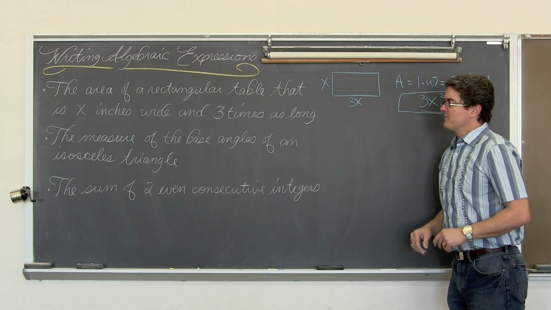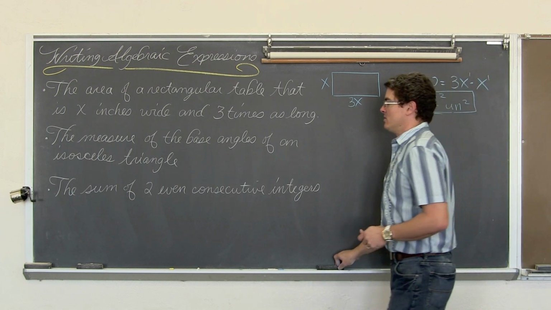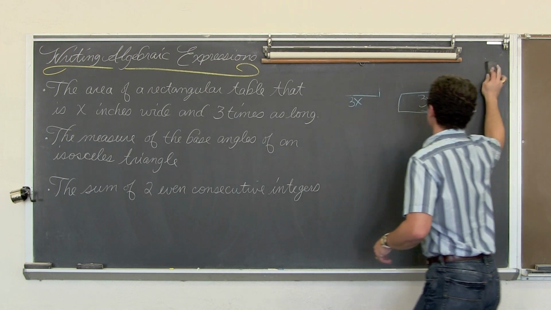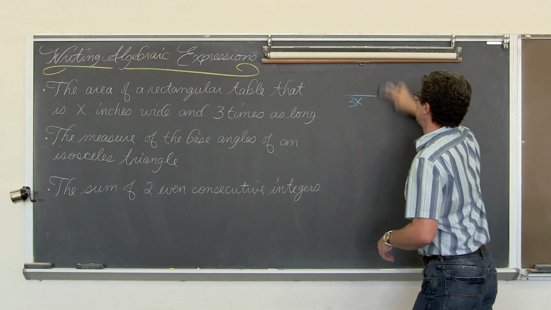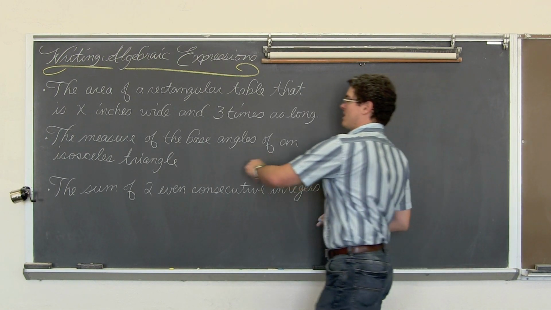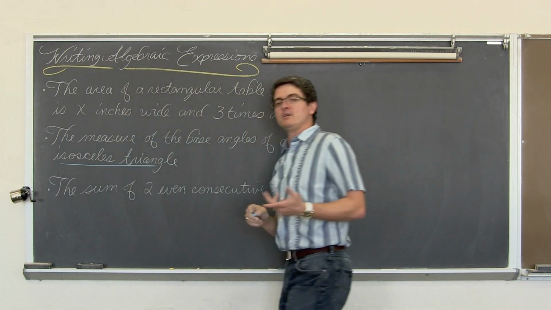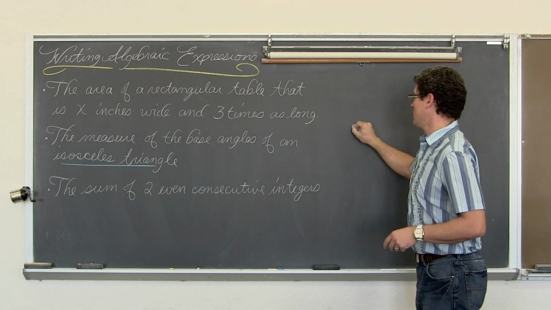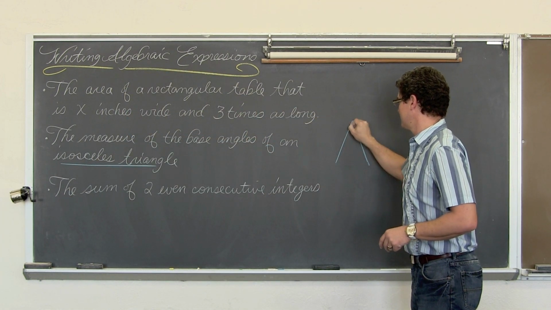The next example, the measure of the base angles of an isosceles triangle. So I'm pulling out some examples here that are going to require you to use some of your background knowledge. An isosceles triangle is a triangle whose two sides are the same in length.